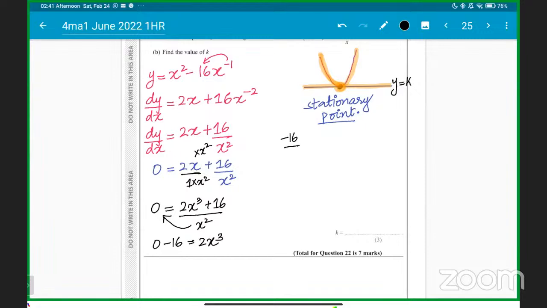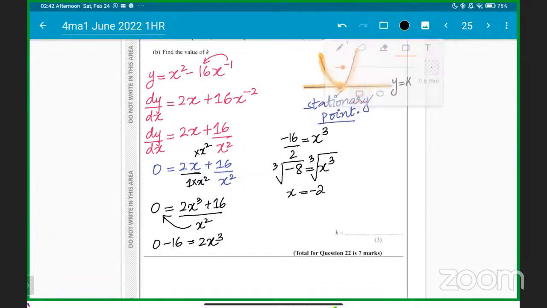Minus 16 divided by 2 equals x cubed. So minus 8 equals x cubed. Take the cube root on both sides. So I'm going to get x equals minus 2. Understood? Got it, guys? Clear?